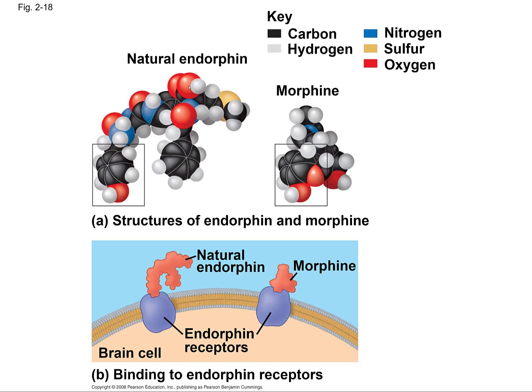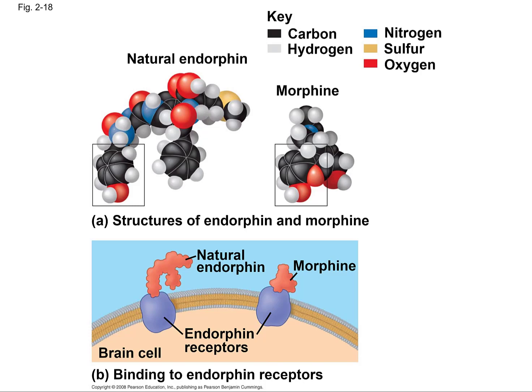The endorphin receptors give you a sense of well-being. It's the release of various things that do that, but all I'm saying here is chemically it looks very similar to the natural endorphin, and that's mimicry, but we take advantage of it with the drug morphine.